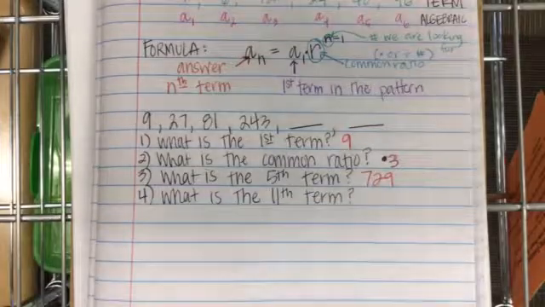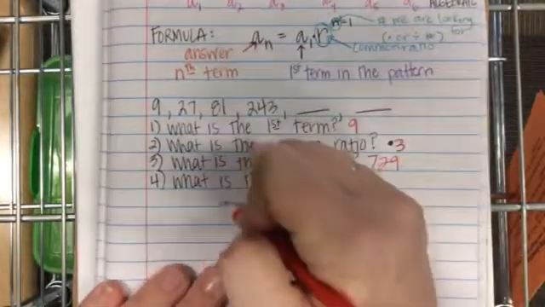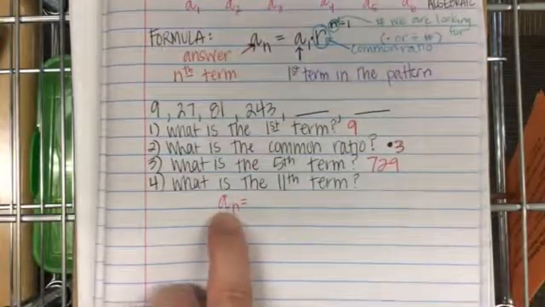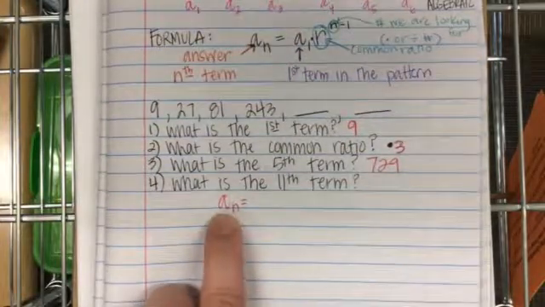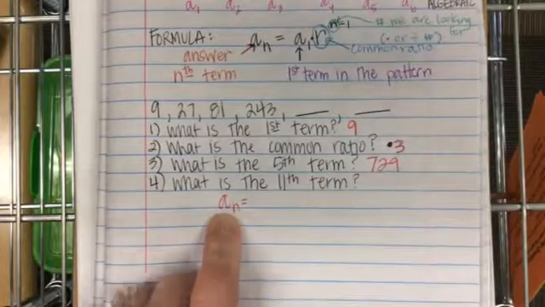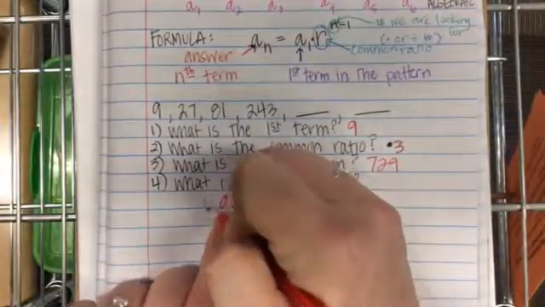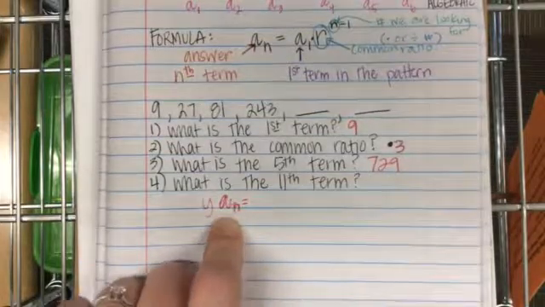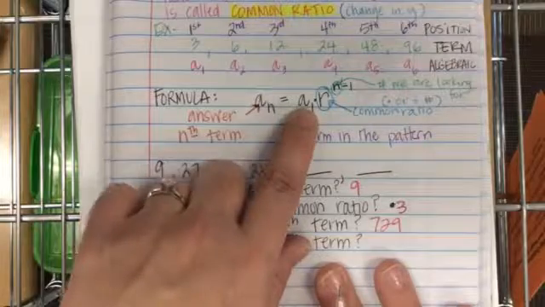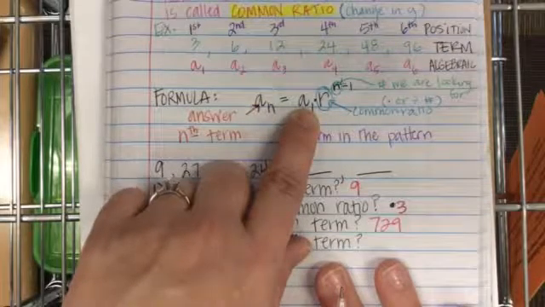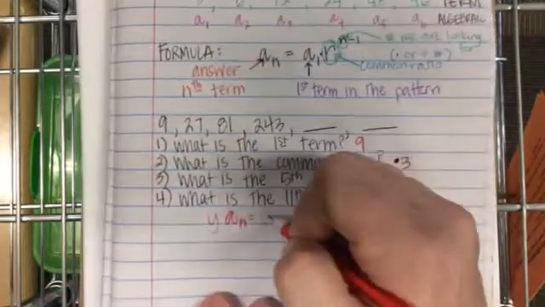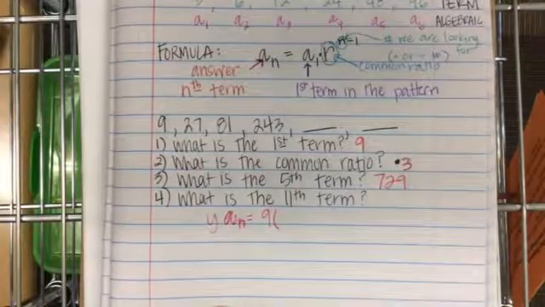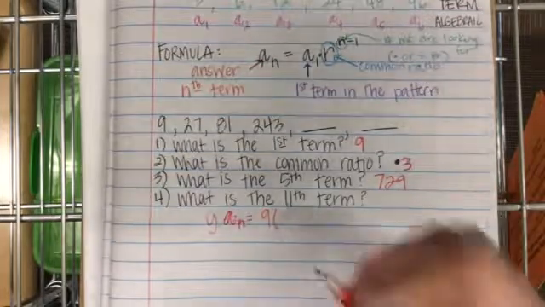So, to find the 11th term, a sub n, that's just my answer. I don't worry about anything that tells me I'm looking for the 11th term. That's going to be my answer. If you don't like it, y equals. All right, a sub 1. So what's my first term? 9. So 9 times, what's my ratio? 3.